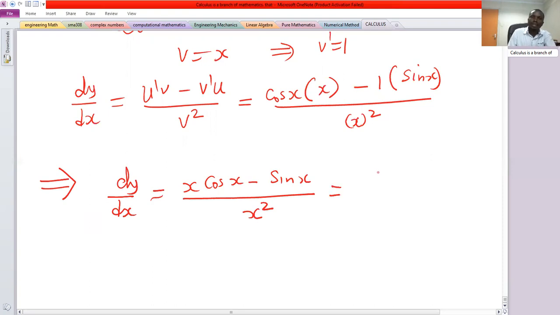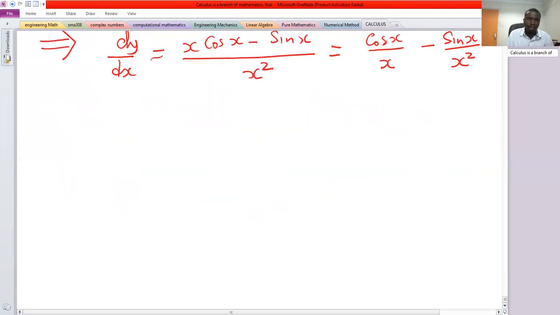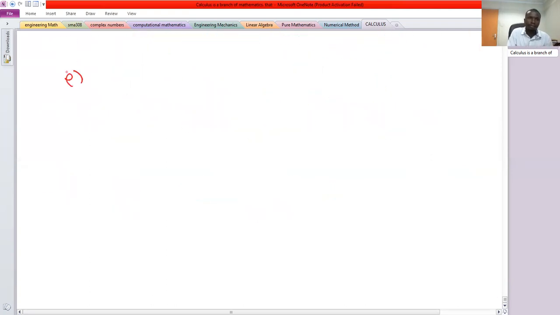Or you can write it as cos x over x minus sine x over x squared. And lastly, for this session, E, we have y is equals to cosine of x divided by 1 minus sine x.